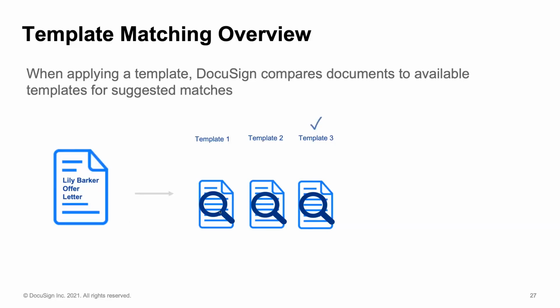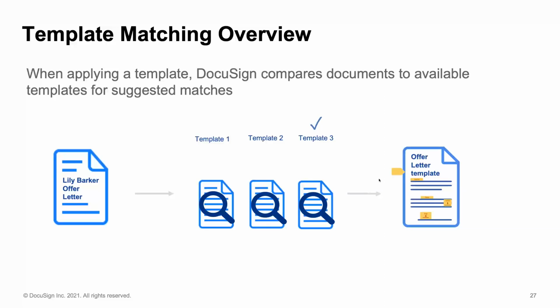If there are, we can select which template we want to apply. And once we apply the template, the fields, the messaging, and the recipient workflow will all be applied to that customized version of the document, which will save us a lot of time.